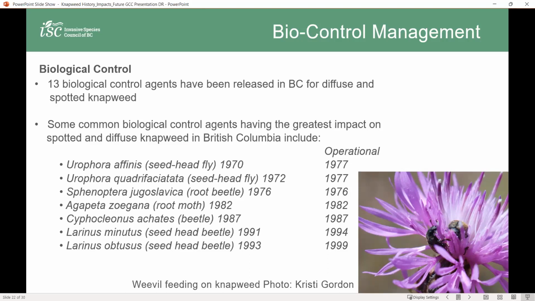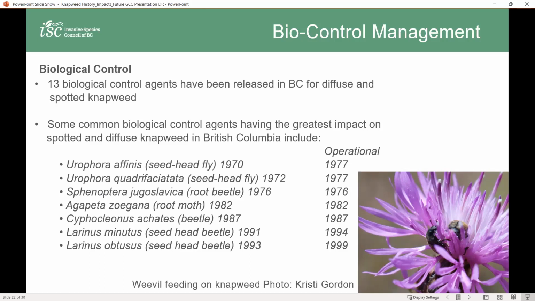diffuse knapweed. And as well, some of the later insects that were released on knapweed for control were the Larinus beetles, and those were seed head weevils. Urophora was seed head, and you can see that there's a root moth and a root beetle as well.